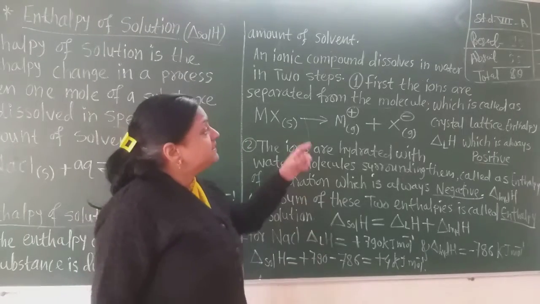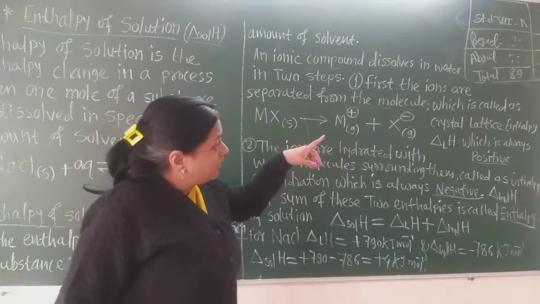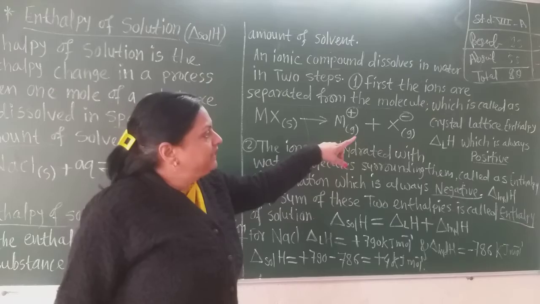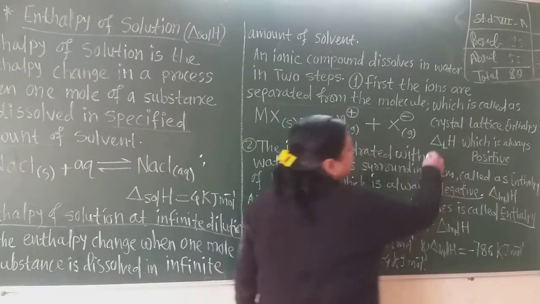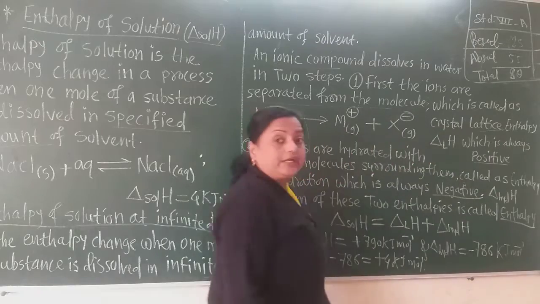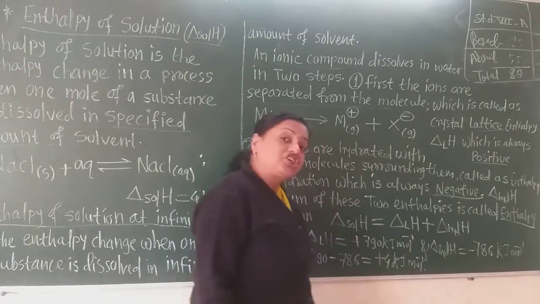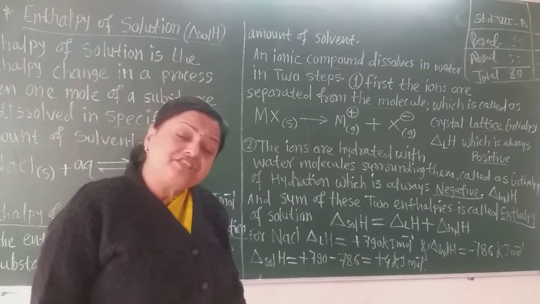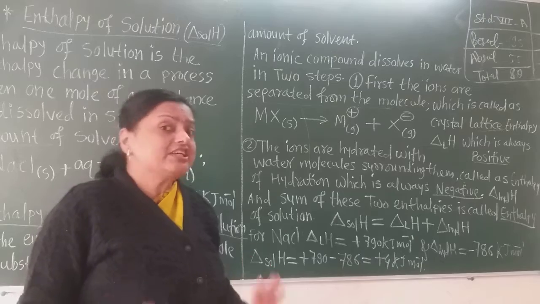So the first step is the ions are separated from the molecules, and that enthalpy is called the crystal lattice enthalpy, denoted by the symbol delta LH, which is always positive. Remember that delta LH is always positive.